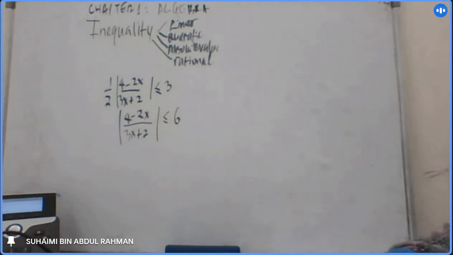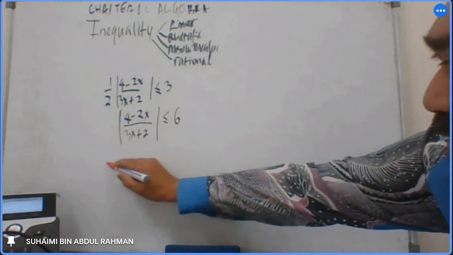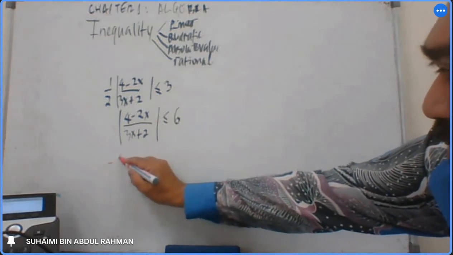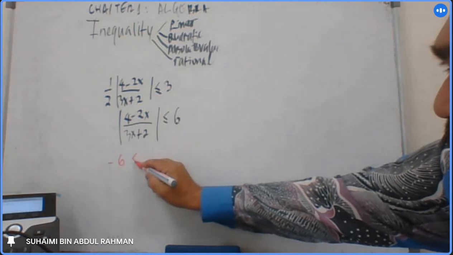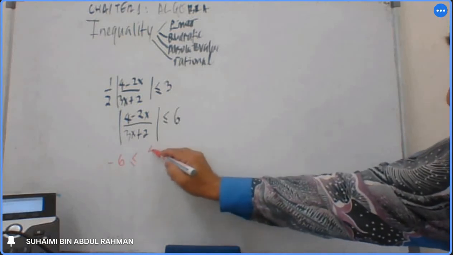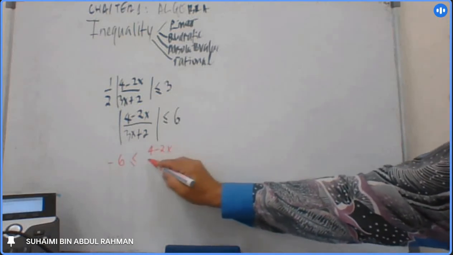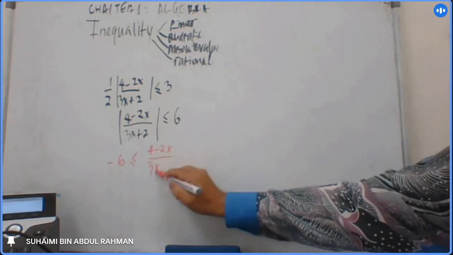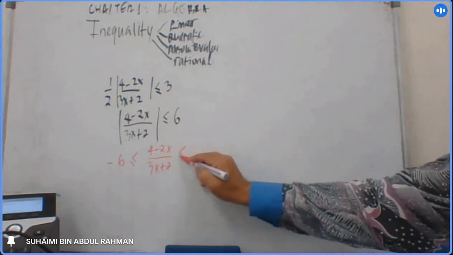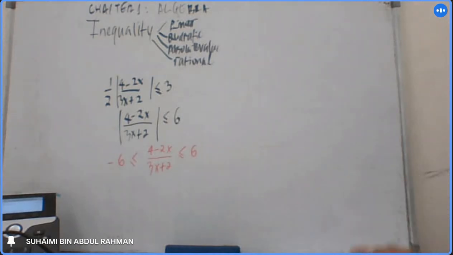When it is less than, referring to the properties of absolute value, it is going to be like this: minus 6 less than or equal to (4 minus 2x) over (3x plus 2) less than or equal to 6. Looks like this.